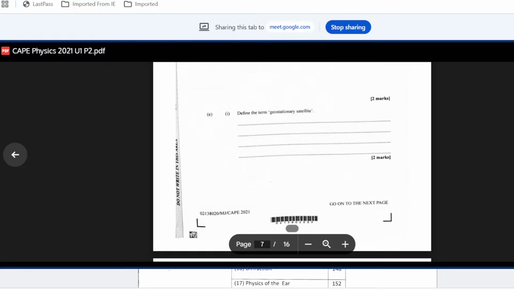For the 2 marks, you'd have to mention the period for sure. It would have to be equal to the period of Earth, 24 hours. So it orbits the Earth with a period equal to that of Earth, which is why it seems stationary.